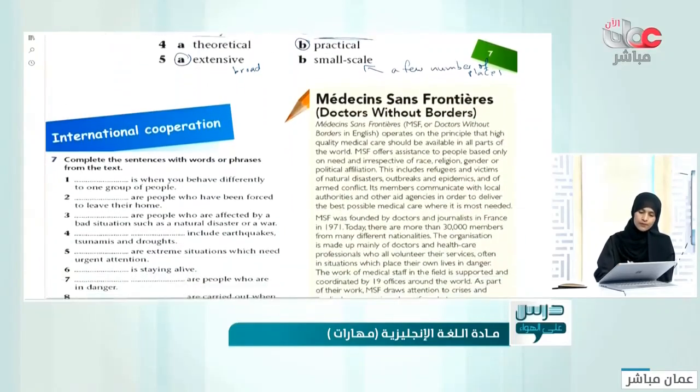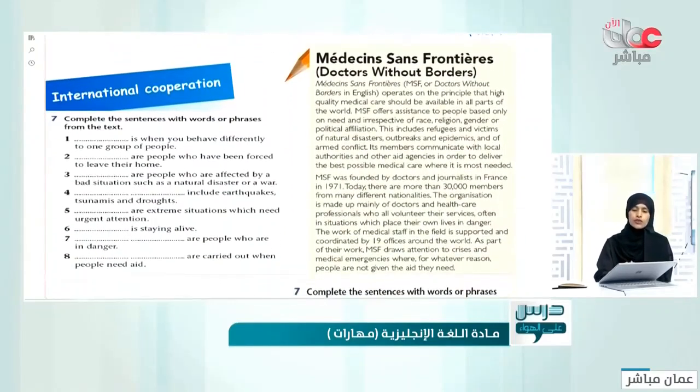Okay, so this is the text which gives some information about the Doctors Without Borders, or in French it could be Médecins Sans Frontières. Okay, now the second activity here asks you to find words in the text to complete the dashes, and in fact these are almost, you can say, definitions for the words.